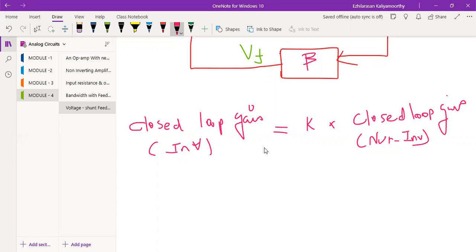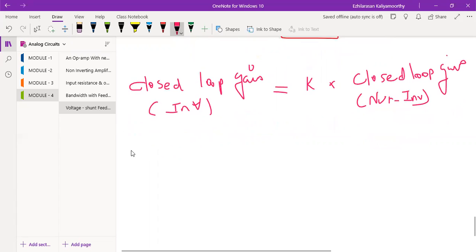This is what I can say from this, where the K value is less than 1.